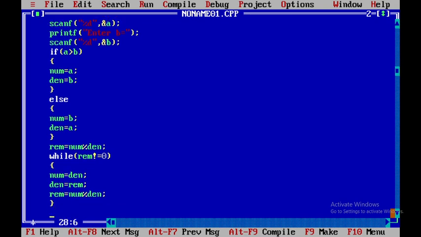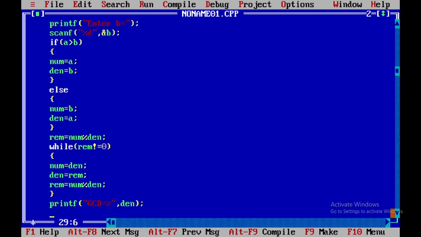Now finally we are going to printf GCD is equal to percent d. What is GCD? Our denominator, the last non-zero denominator. And what is LCM here? To find LCM, it is equal to a star b divided by GCD.